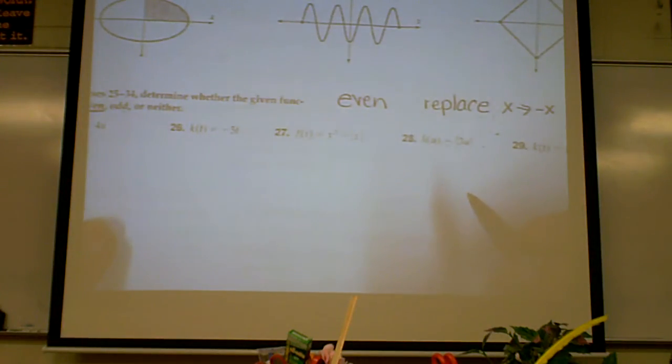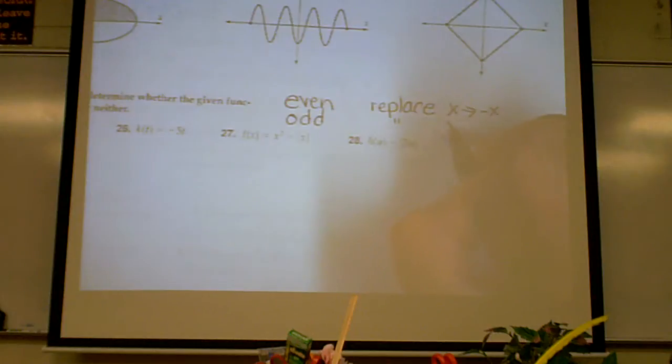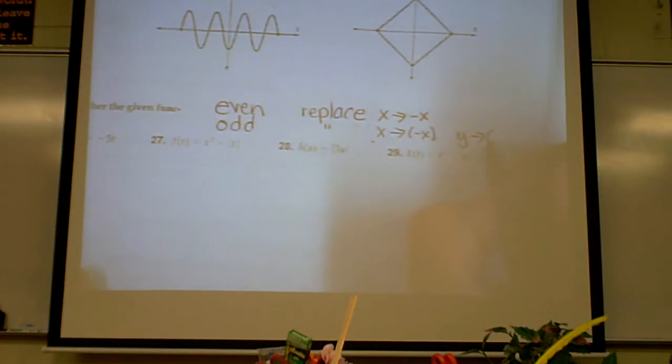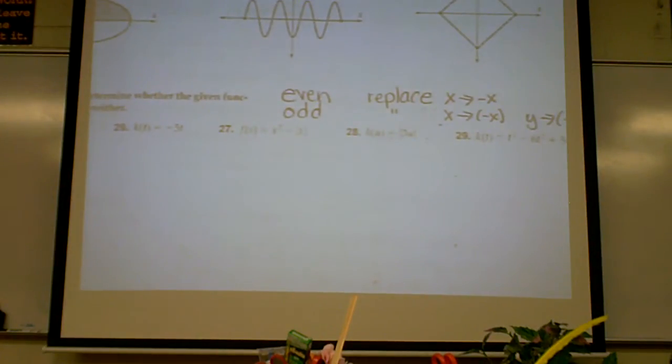Simplify, and if you get the same, it's even. For odd, replace both, not only x with negative x, but y with negative y, and if you get the original, yes, it's an odd function.